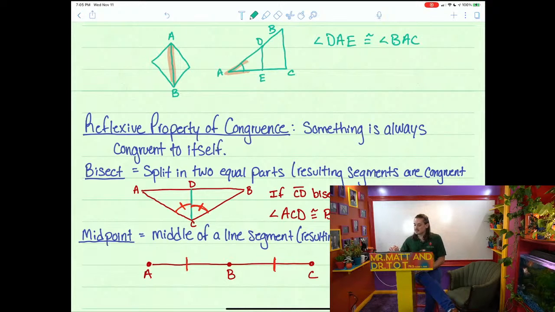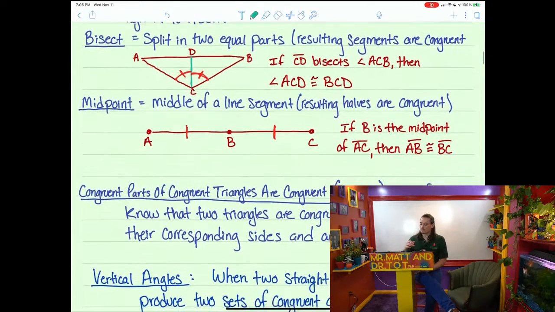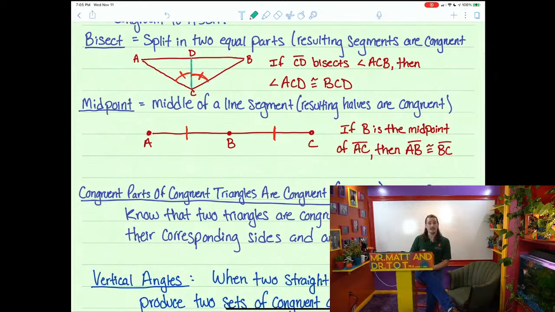The second thing I wanted to talk about is the vocab word bisect, the verb bisect, or the noun bisector, however you want to pronounce that. A bisector bisects something else. So it could bisect an angle, or it could bisect another side. If it bisects something else, that means that something else is split into 2 congruent parts.